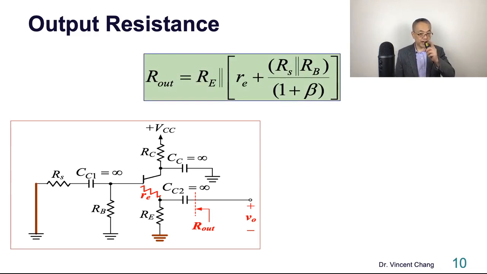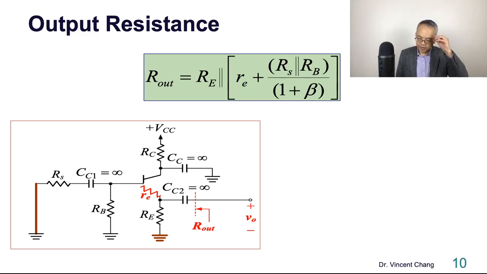But don't forget the resistance reflection rule. Because the identity of RE has already been interpreted by the emitter, but the identity of the RS and the RB still belong to the base.